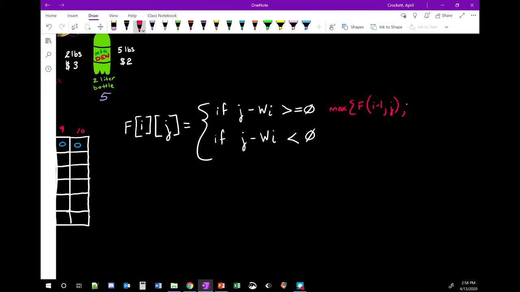and I should draw this like an array, I think would make more sense. So this is I minus 1, and then the column index is j.